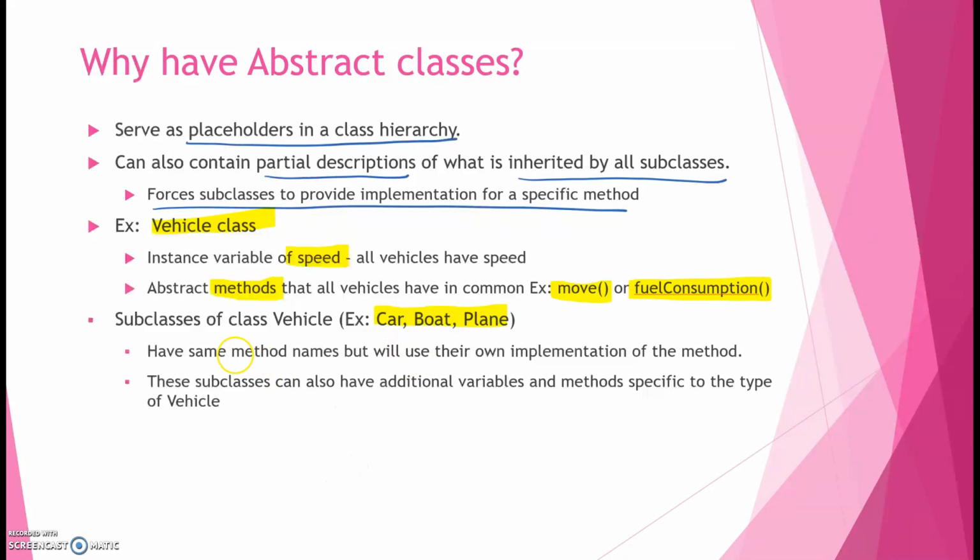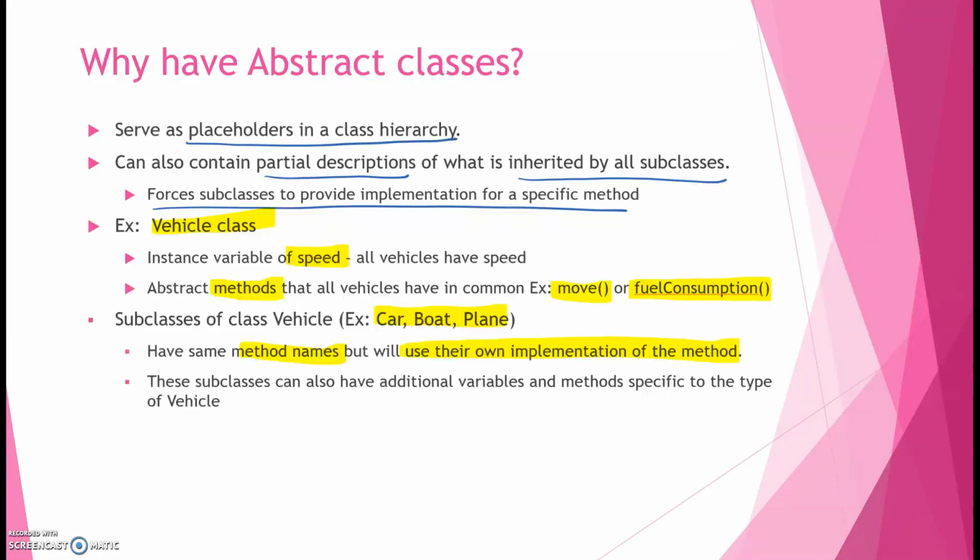And they're going to have these same method names, but they're going to use their own implementation for these methods. So for example, the fuel consumption of a car and a boat and a plane are going to be very different. And they might have other methods or other variables that might be working to help determine how those methods would work.